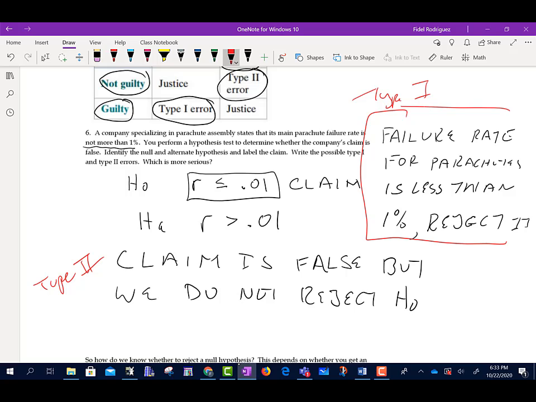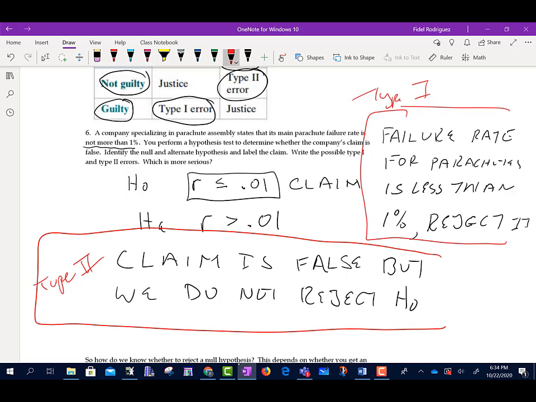Maybe it's 2%, maybe 1.05%, or maybe it's 80%. Think about what that means. Out of 5 of us going parachuting, 4 of us may not be able to go parachuting again. So this is the more serious one because it can have major consequences.